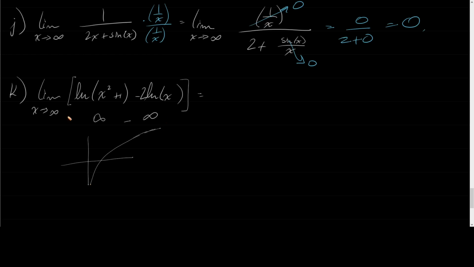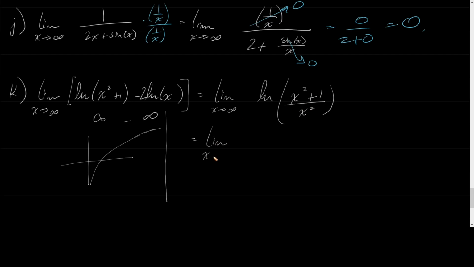But what we can do here is apply some rules of ln, and we can say here now that we get the limit as x goes to infinity of ln of, and I'll do it in one step here, x squared plus 1 over x squared. And at that point, I still can't really do anything because infinity over infinity inside here is not helpful.